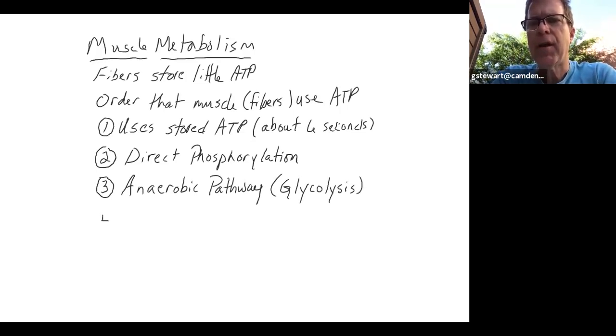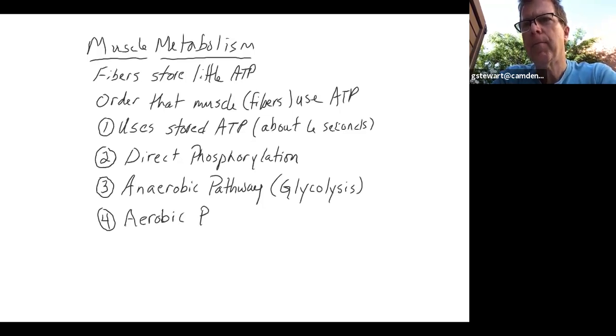And fourth, and finally, if a muscle needs to sustain a contraction for a long time, this is called the aerobic pathway. And the process that is used for the aerobic pathway is called cellular respiration.